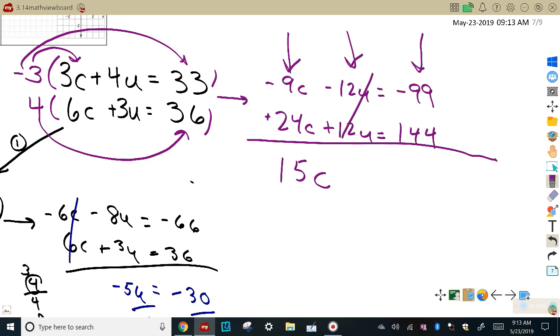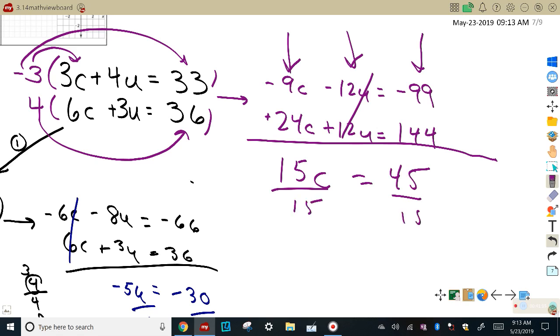These are gone, right? We should at least cancel out one of the variables because that's the whole point of picking these numbers over here, okay? 15c. What about negative 99 and positive 144? 45, good. All right, now it's kind of smooth sailing from here.